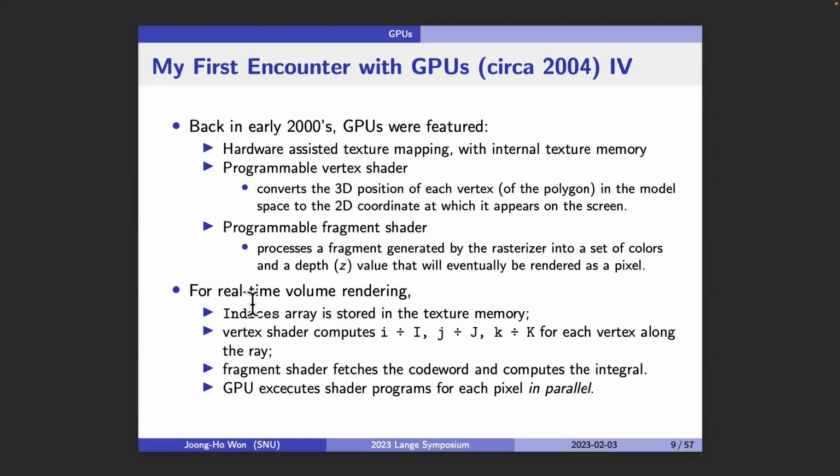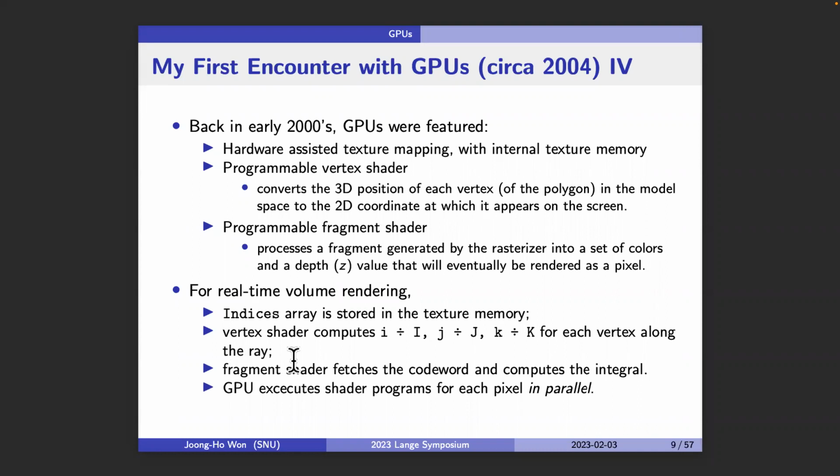And for real-time volume rendering, that compressed index arrays is stored in the texture memory of the GPU. And the vertex shader basically computes the coordinates of these index.